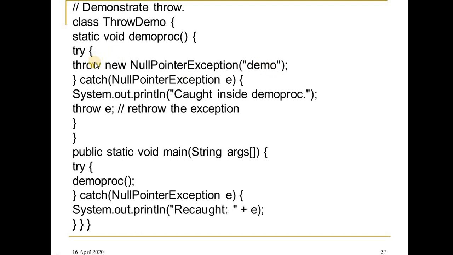Now since we are throwing a NullPointerException, that exception will be caught by the immediately next catch block. This catch block will catch the NullPointerException and handle it this way. It will display the message "caught inside demoProc", telling that the exception was caught by the catch block inside the demoProc method.